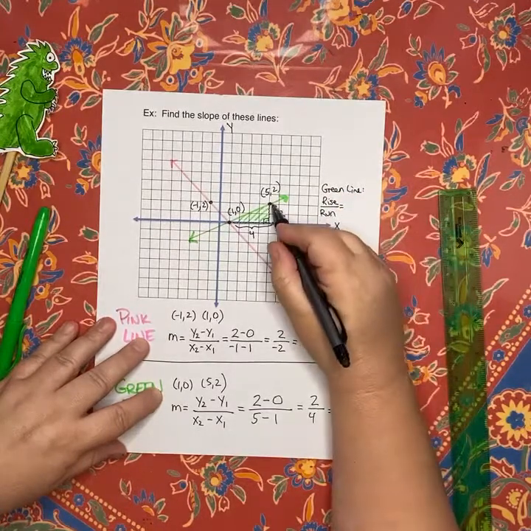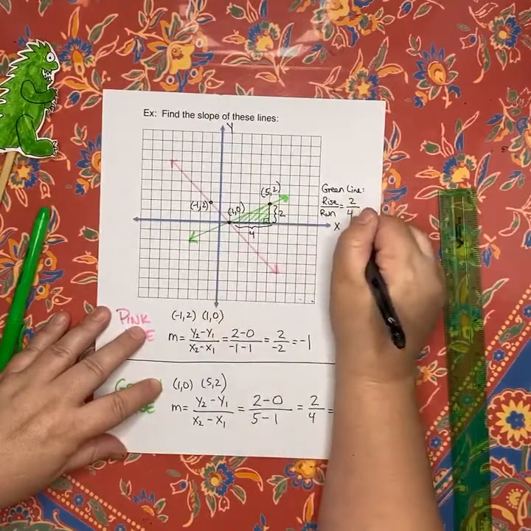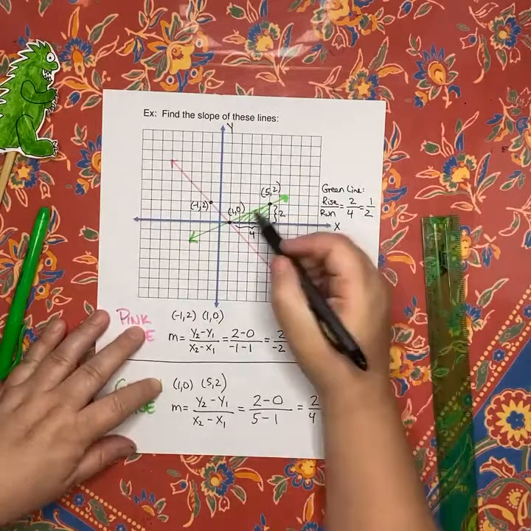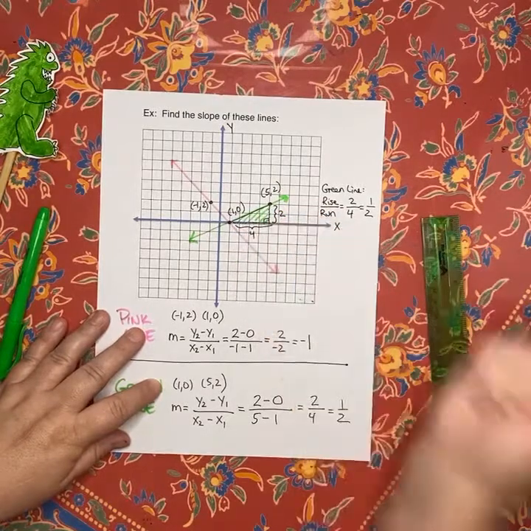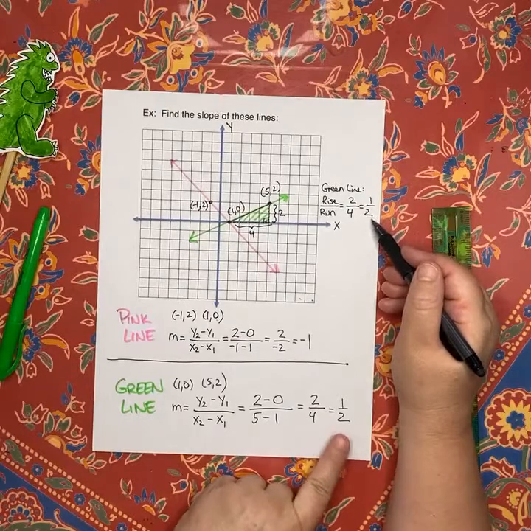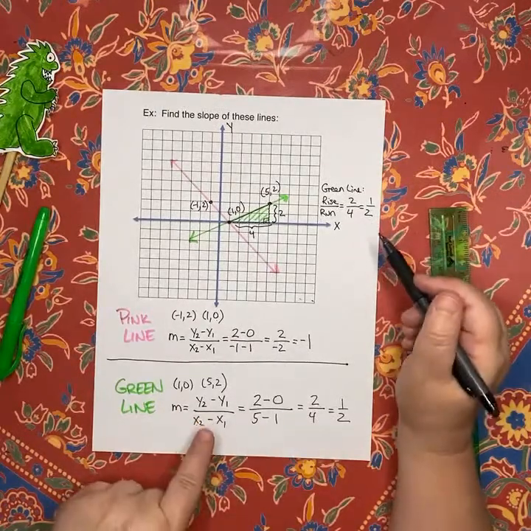So the rise, it went up 2. It went to the right 4. So that's 1/2. So by drawing this triangle right there, I got exactly the same answer that I got here, but without this formula.